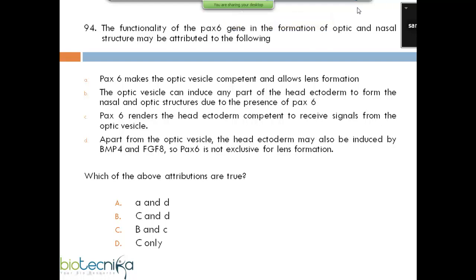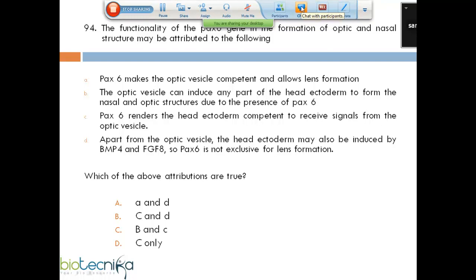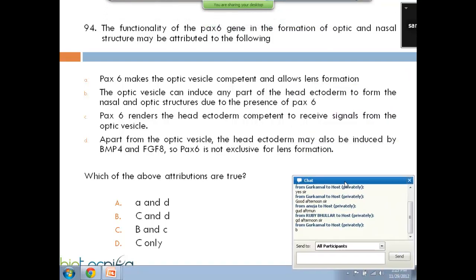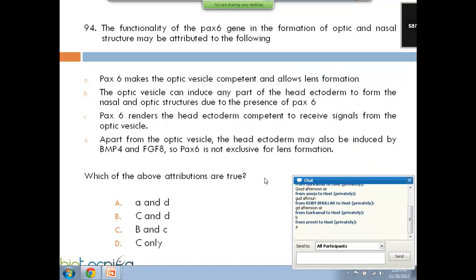Online students, what is the answer for this? That's very fast. I got two answers like that. What happened to others?